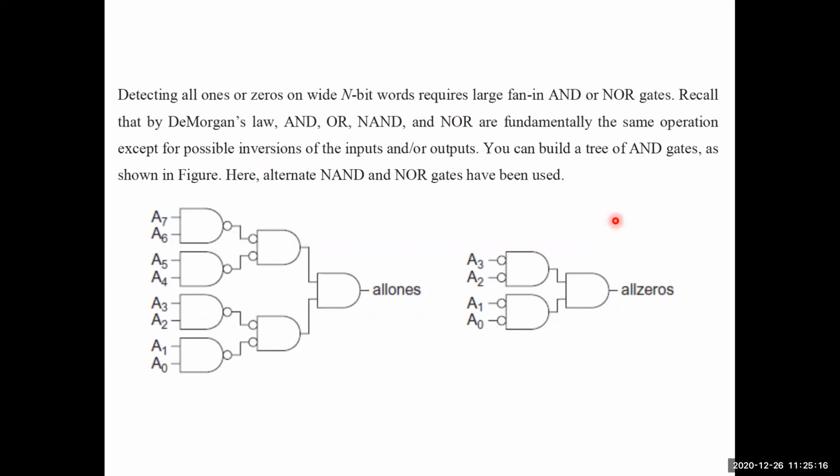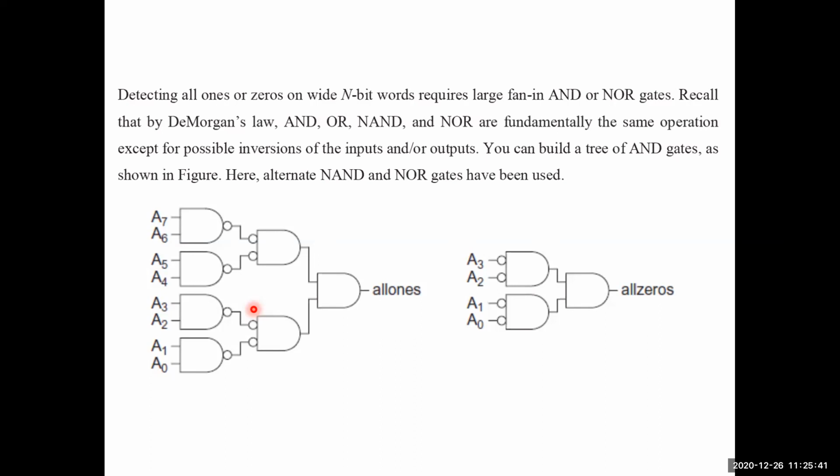So this can be done with the help of De Morgan's law. If you know De Morgan's law, you can say easily that AND, NAND or NOR are basic fundamental operations which are used in order to invert a particular input, or else to find the output of a particular circuit.